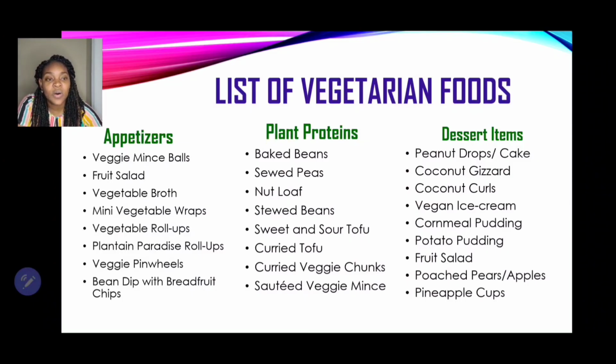Good. There is also fruit salad, poached pears or poached apples, as well as pineapple cups. So this is just to build your vocabulary so that you can plan flexible meals. You will know examples of plant-based appetizers, plant proteins, and even dessert items without any animal products.